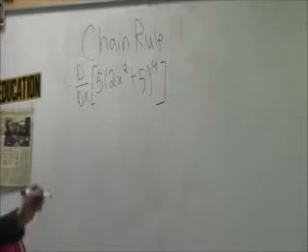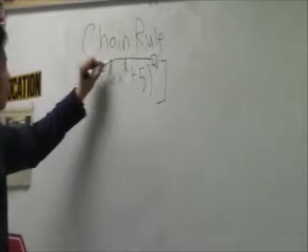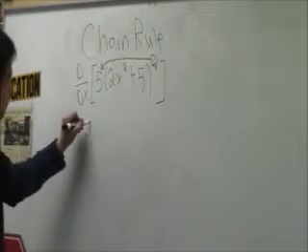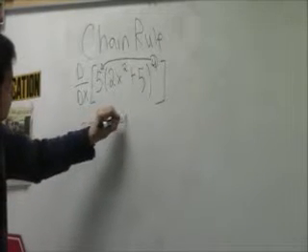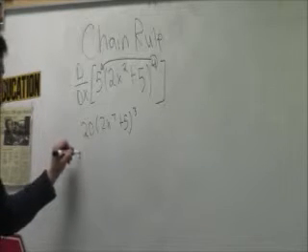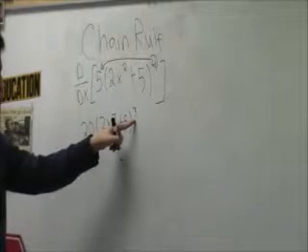So you take the derivative of the outer function. So you take the power, which is 4, and multiply that by the coefficient outside, which is 5, equaling 20. 20 multiplied by your parentheses again, and then you take your 4 minus 1 to get you a power of 3.